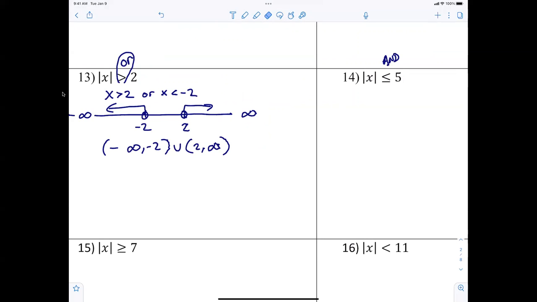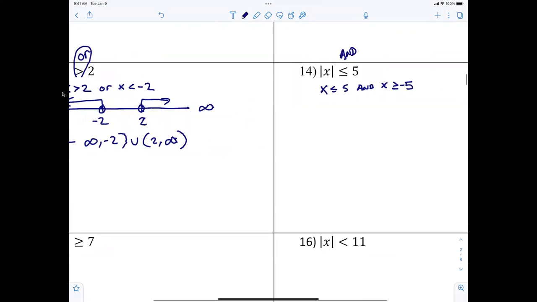So here again, you would write it as x is less than or equal to 5 and x is greater than or equal to -5. Anybody have an issue with that?